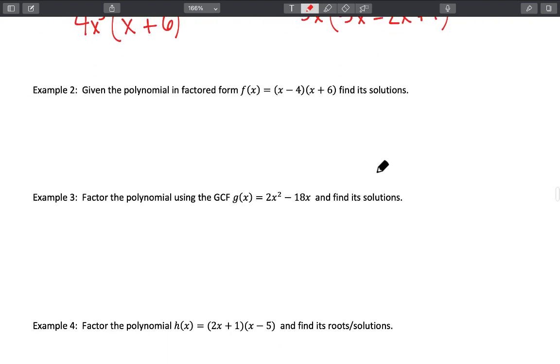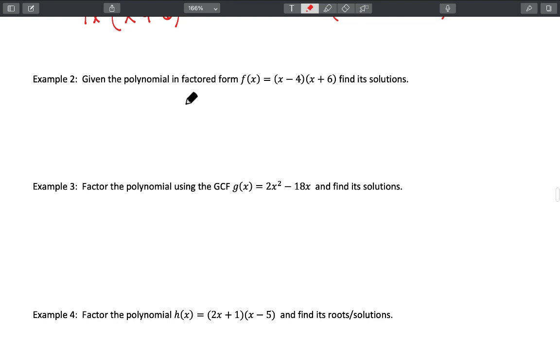All right, in example 2 now, we are given a polynomial that's already in factored form, (x minus 4) times (x plus 6). I want to find its solutions. Well, if you remember, our key concept from above said to take each one of our factors, set it equal to 0, and solve for x.